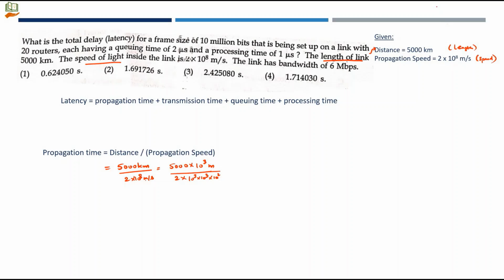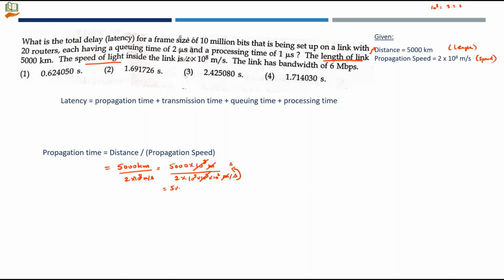So 10 to the power 8 can be split as 3, 3 and 2 parts, so that it will be easy for you to cancel. This is meter per second. I am striking off meter and meter. This per second, when it goes to the top, it becomes second. 10 to the power 3 and 10 to the power 3 will get cancelled.